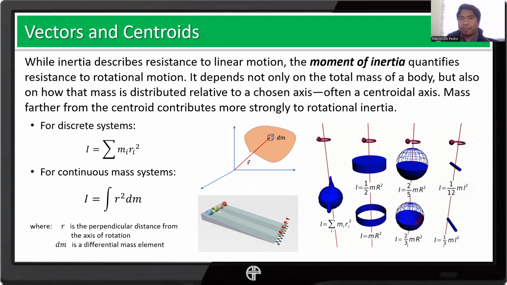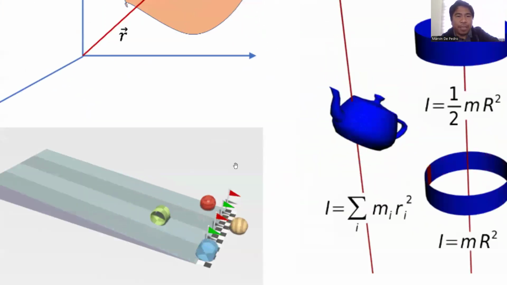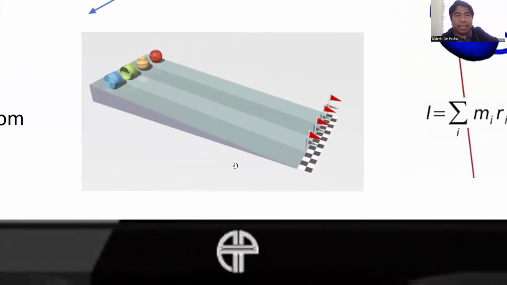Remember we have the term inertia earlier. Whenever we are concerned with rotational motion, any object has a tendency to resist that rotational motion, and it depends on the geometry of that object as well as on its material. But for now, our focus is more on the geometry. Before we talk more about that, observe these objects being rolled down an inclined plane.